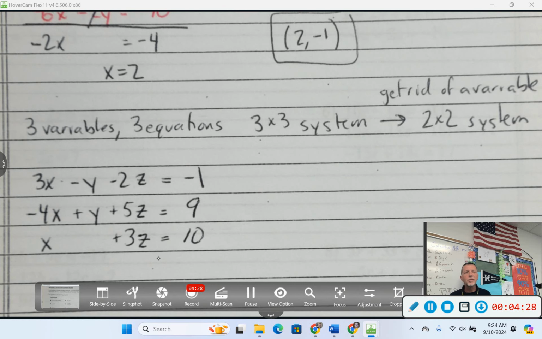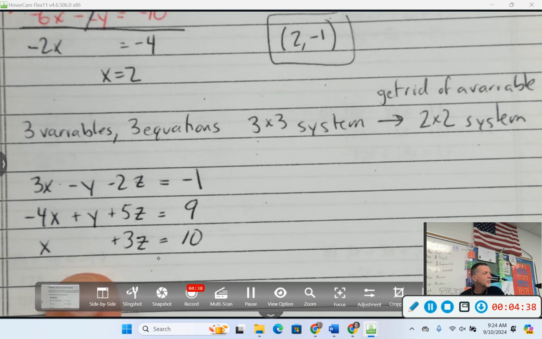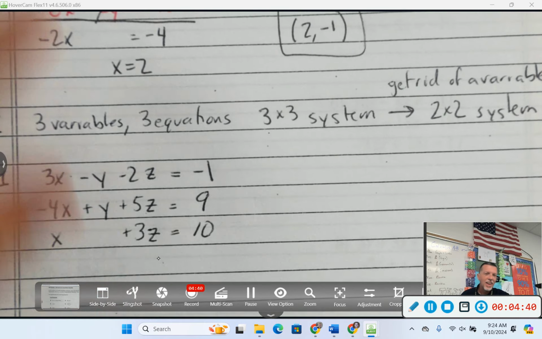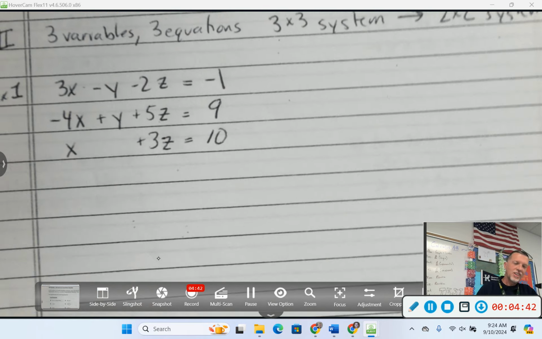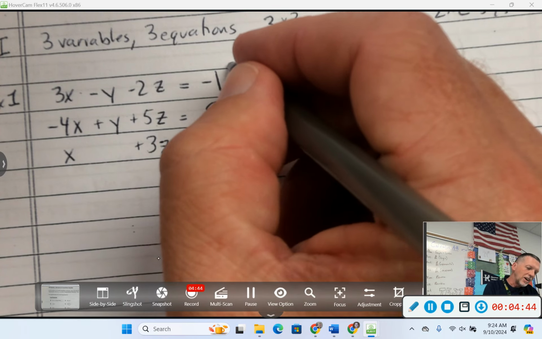So this one has a super obvious choice for which variable we should get rid of first. Yes, because it's already gone from one of the equations. And on the other 2 equations, it's set up to be gone.